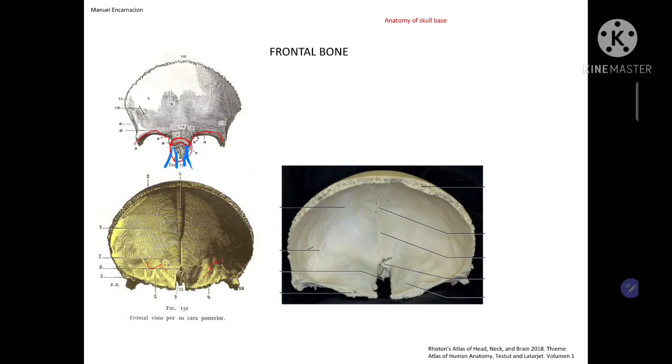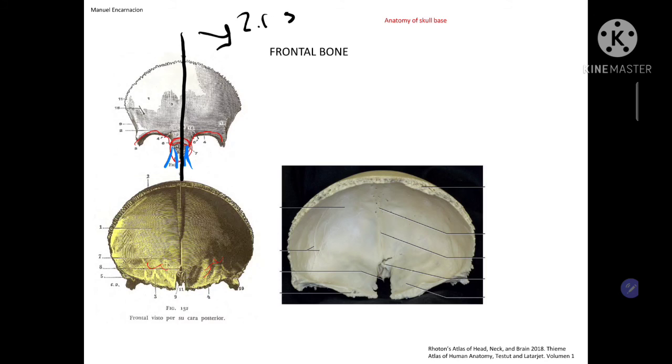Each of them is blunt medially and sharp laterally, and presents approximately 2 or 3 centimeters lateral to the midline. Midline, remember? So the midline, and 2 or 3 centimeters laterally to the midline.